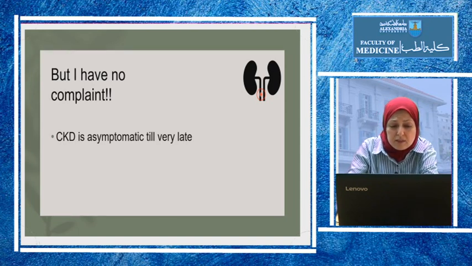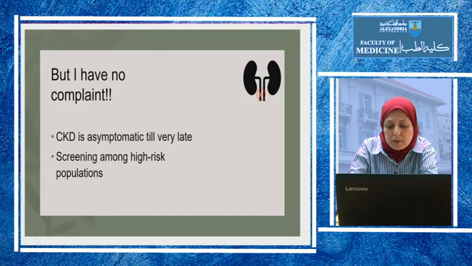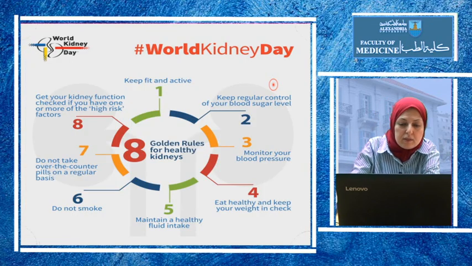But actually chronic kidney disease is asymptomatic till very late. That's why there should be screening among high-risk populations, because there will be no hints that they have started having chronic kidney disease. And overall, prevention is better than cure, and in patients with high risk, they should all be counseled on how to prevent chronic kidney disease.